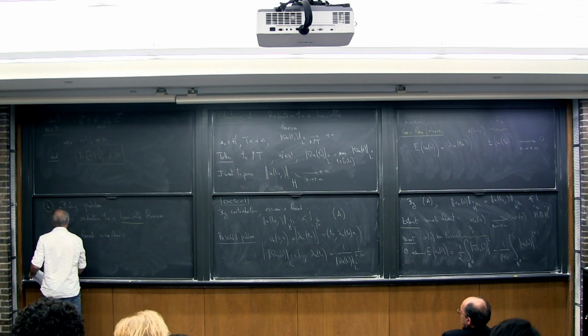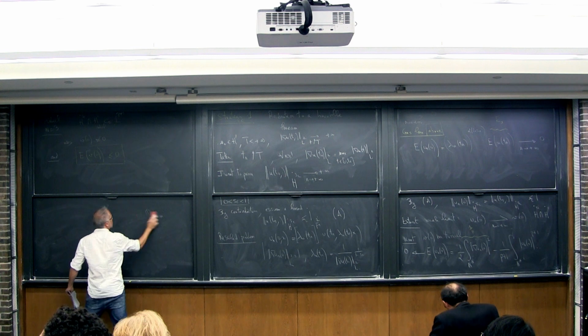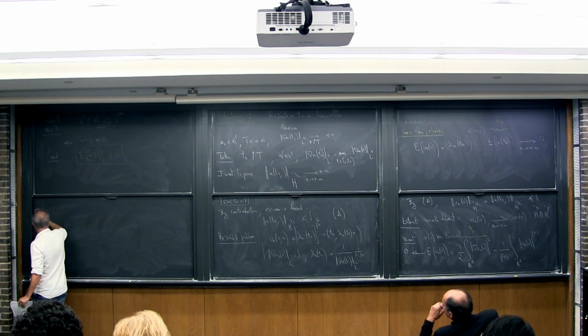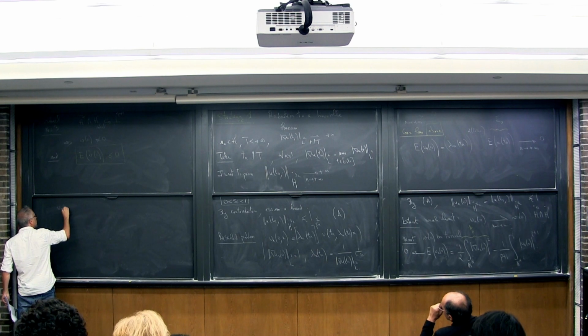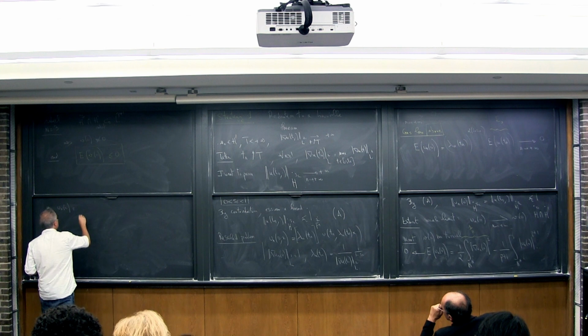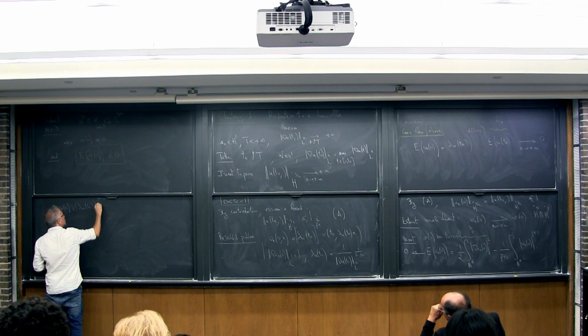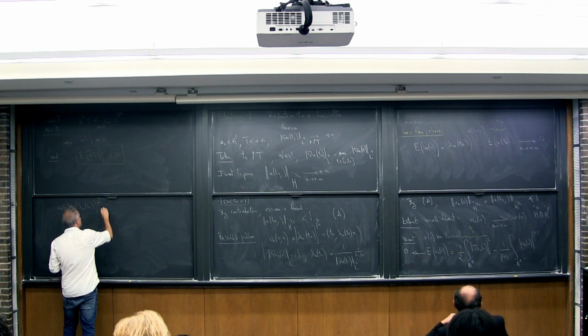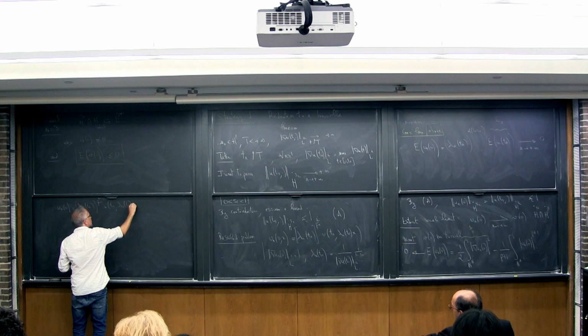Now, as a matter of fact, I know something more. You should think of it this way. I have u_n(0), it's equal to lambda to the power 2 over p minus 1 times u(Tn, lambda x).